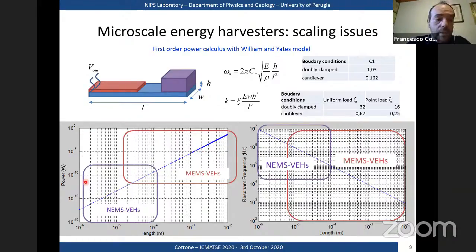Going from the MEMS scale down to the NEMS, nano electromechanical system, scale, we get very low power, 10 to the minus 10 and so on.